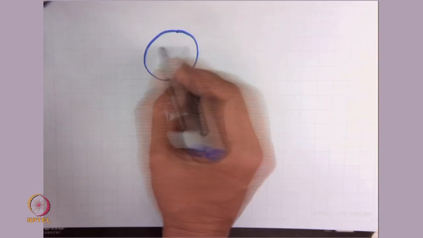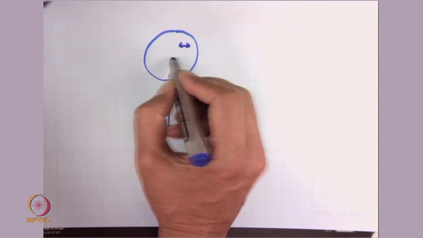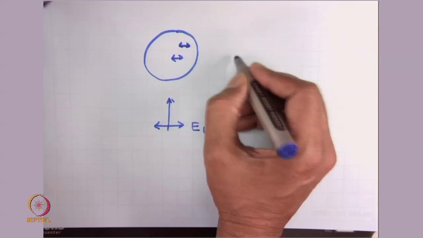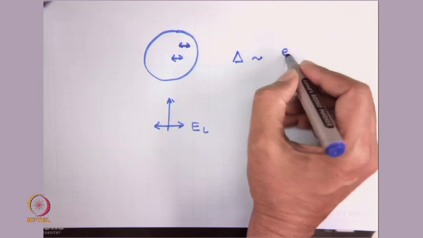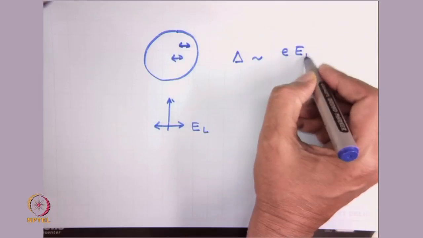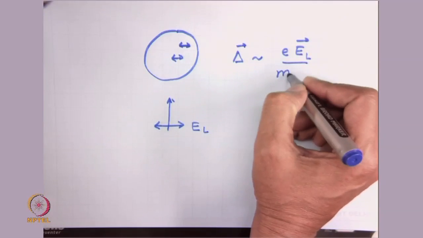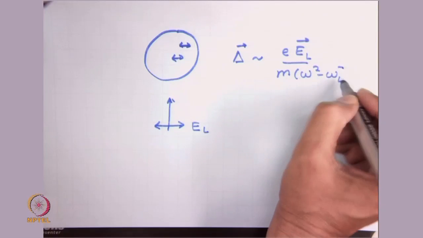Now, every electron is oscillating here like this, and every electron that oscillates here has an excursion that goes as e E laser upon m, omega square minus omega p square by 3.